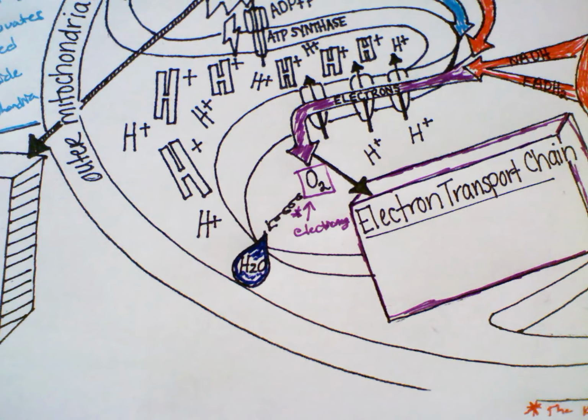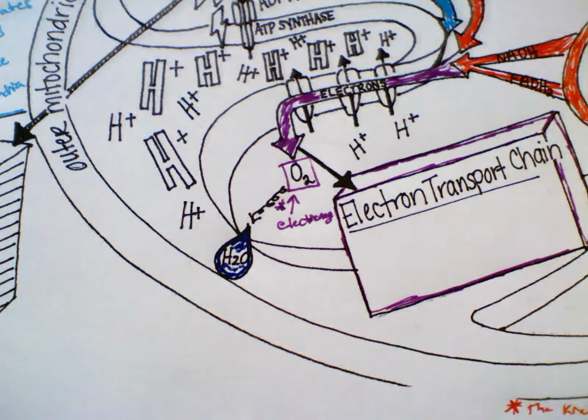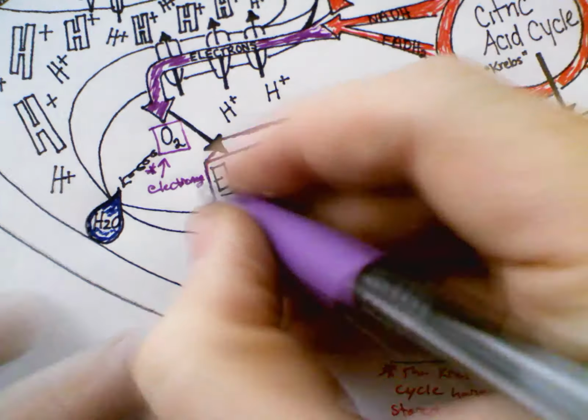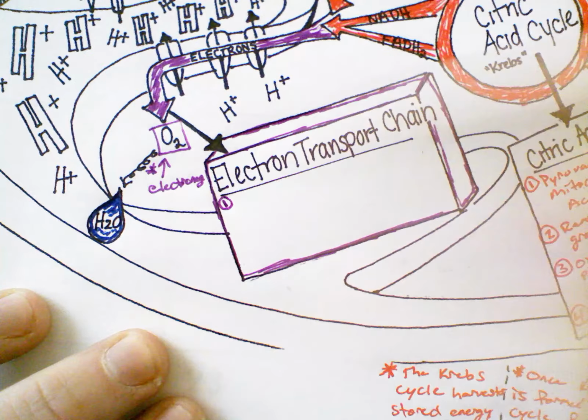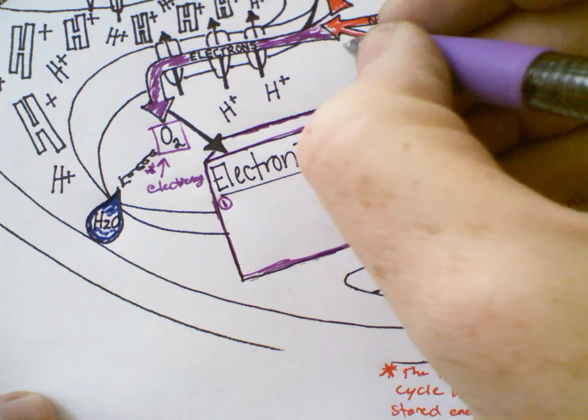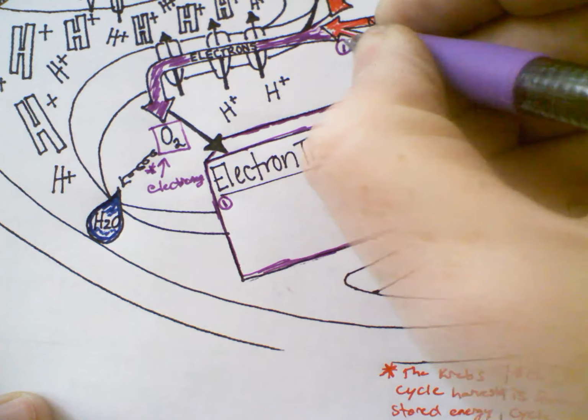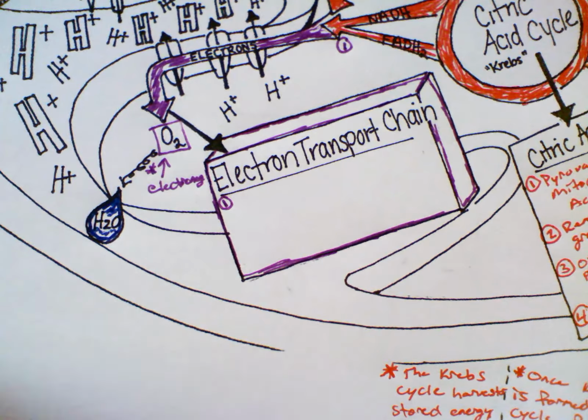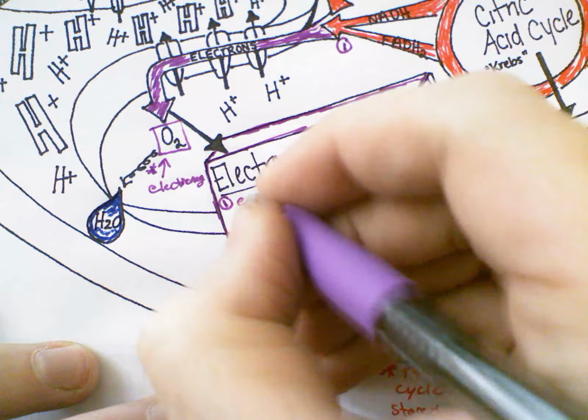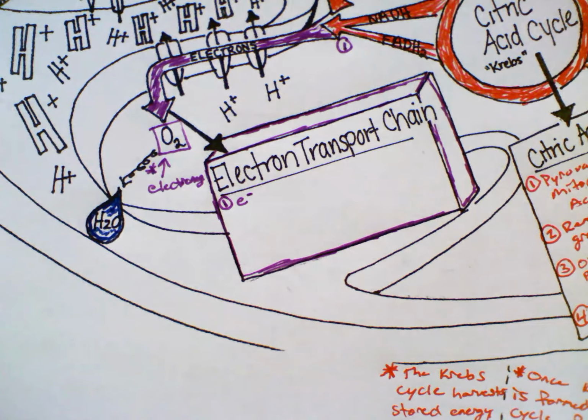All right. So let's actually write out some of these steps. So step 1, and that would be occurring right up here at this intersection. Okay. I'm going to use the E minus, that means electrons.